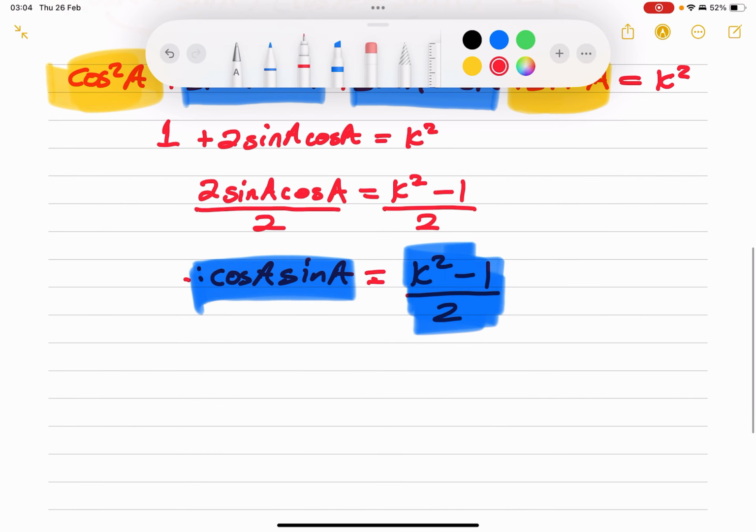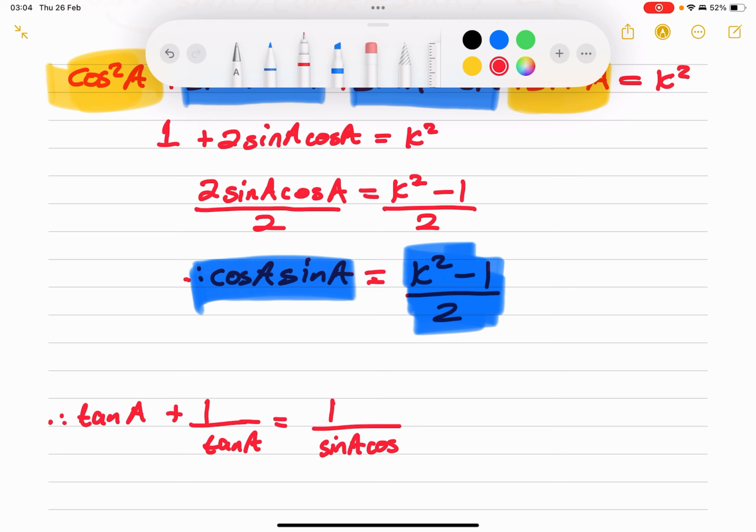So we can therefore conclude that tan A plus 1 over tan A can be written as 1 over, remember we had said sine A cos A, which can be written as 1 divided by, no square root, sorry, K squared minus 1 over 2. Remember guys, this is the same as that.